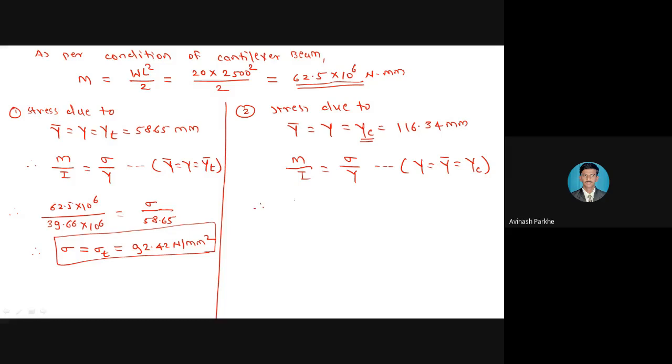Therefore once again M, 62.5 into 10 raised to 6, divided by 39.66 into 10 raised to 6. Sigma is equal to y bar, 116.34. Therefore you will get sigma is equal to sigma c. What is the value of sigma c then?